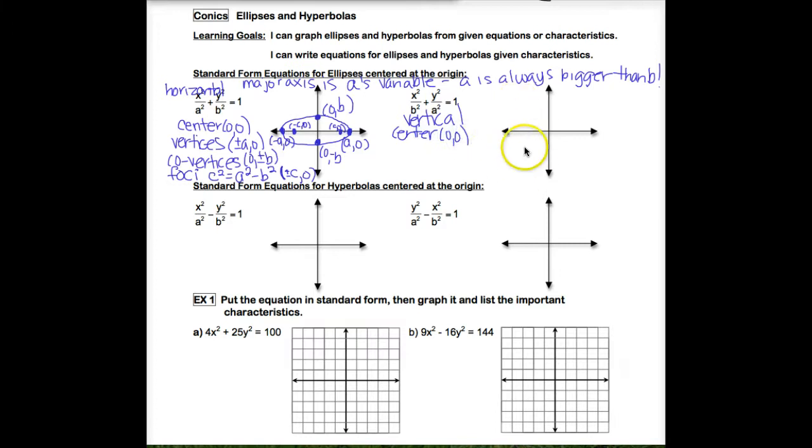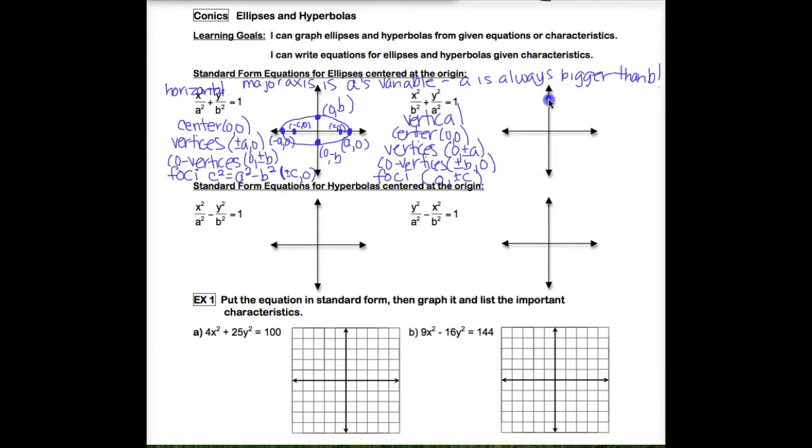But because it goes up and down, that means that our vertices, instead of being plus and minus a, 0, are now at 0, plus and minus a. Our co-vertices, likewise, are now at plus and minus b, 0. And our foci are going to be at 0, plus and minus c.